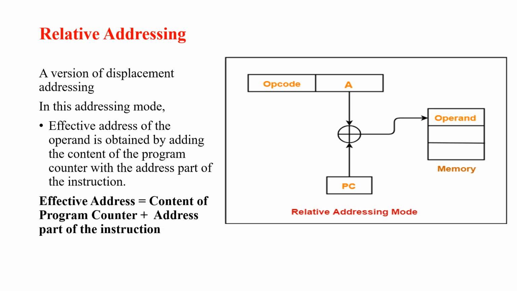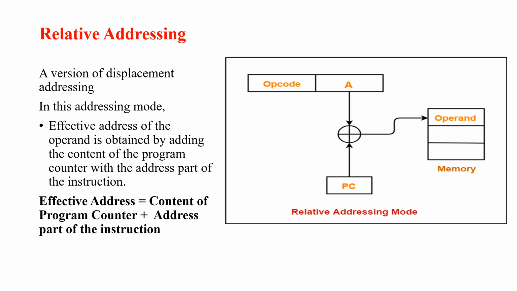This addressing mode is particularly useful for control flow instructions such as jumps or branches. It enables the program to access operands relative to the current instruction location, which can facilitate easier code manipulation and relocation.